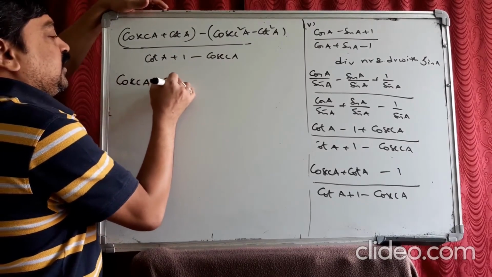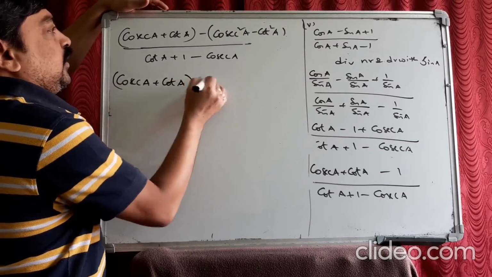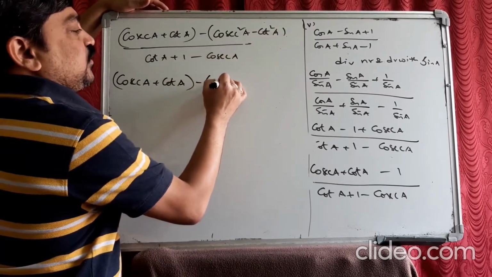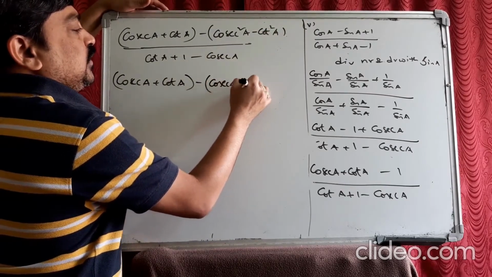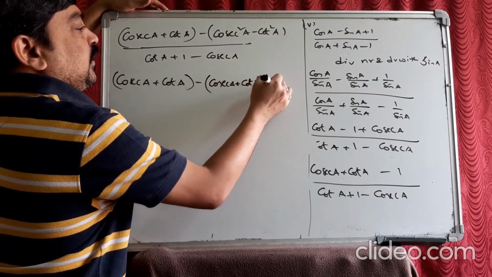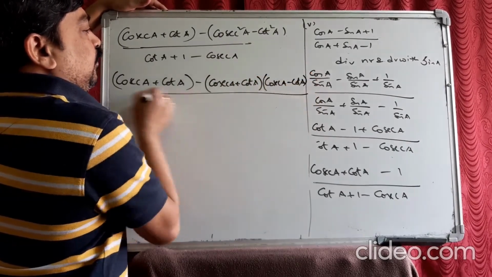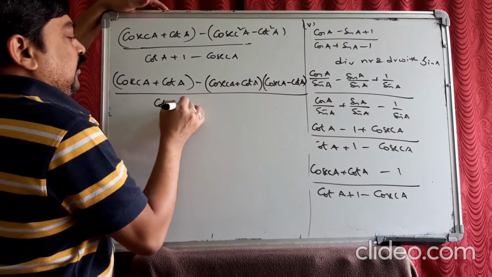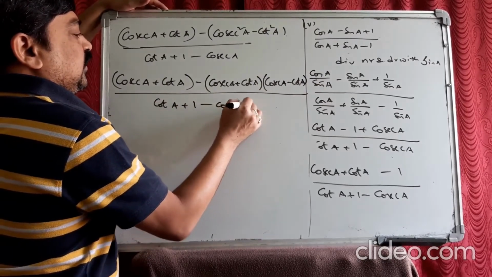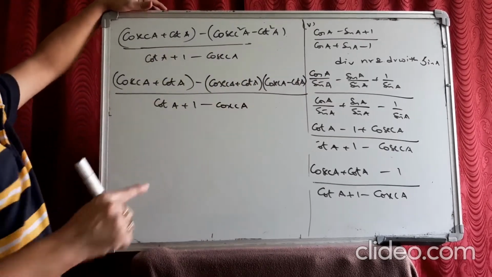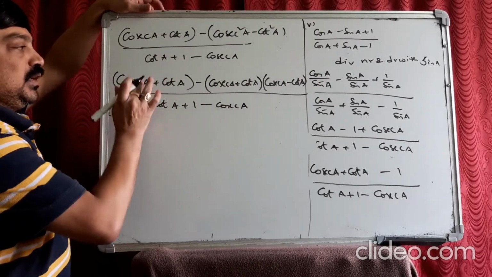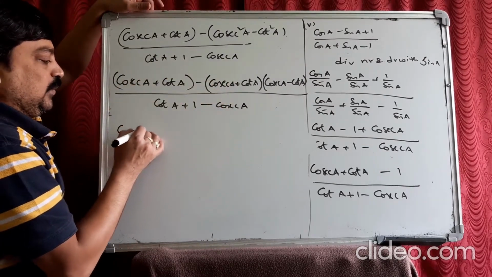Now what I do? Write again cosecant A plus cot A. Now this can be taken as A square minus B square. So (A plus B) into (A minus B) by cot A plus 1 minus cosecant A. So what you can take common in the numerator, it becomes cosecant A plus cot A common.